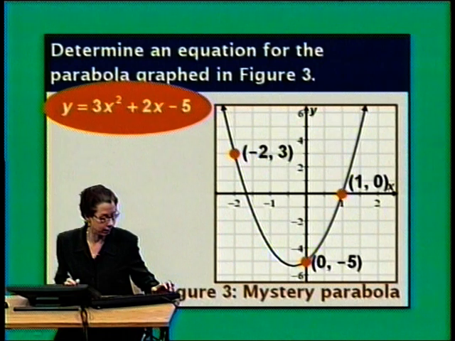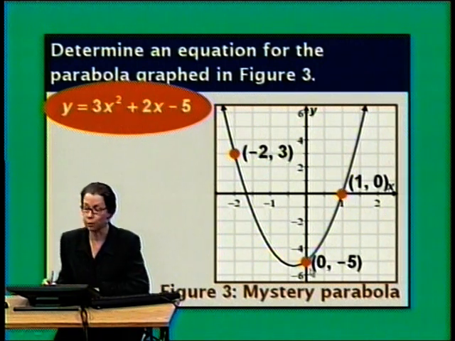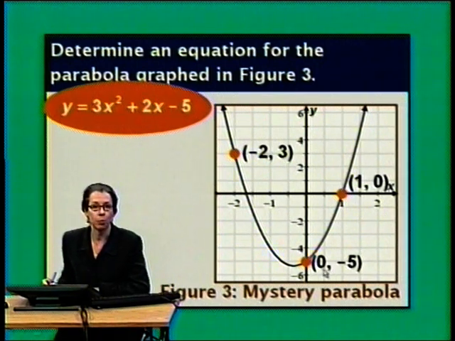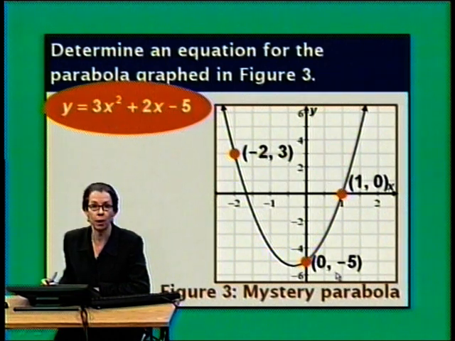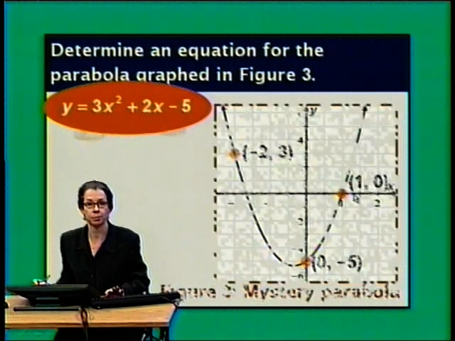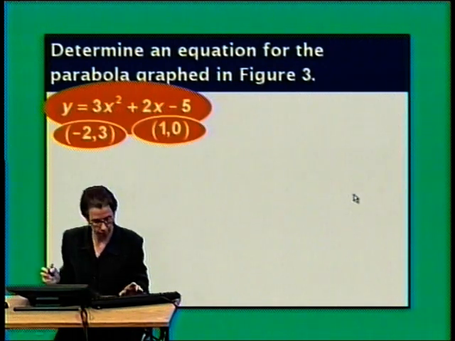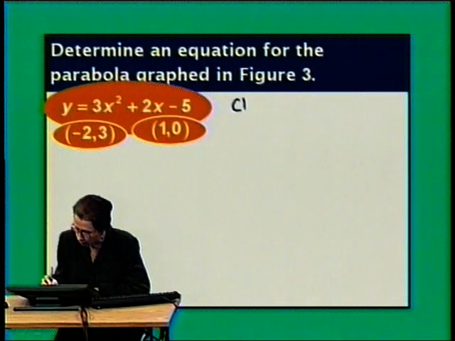Well, one of the points that's very easy to check is the vertical intercept. So clearly, when x equals 0, y equals negative 5 in our equation. So I'm just going to check the other 2 points on our parabola. So here's my check.